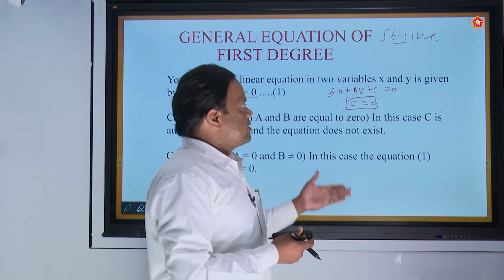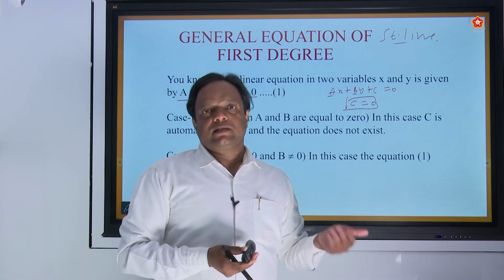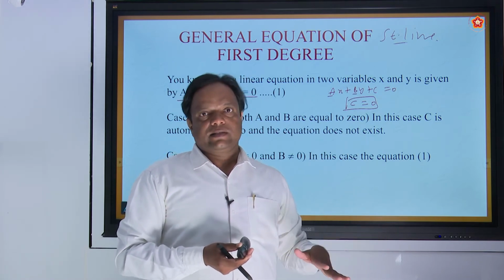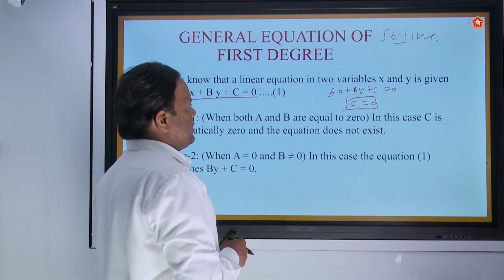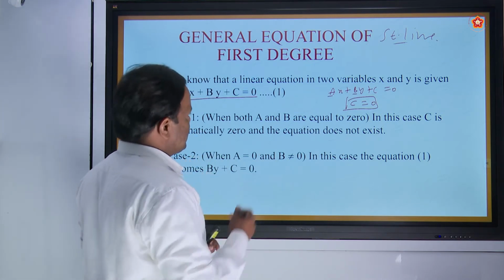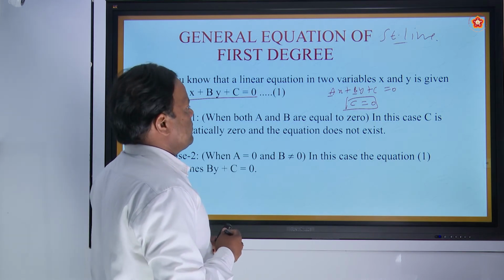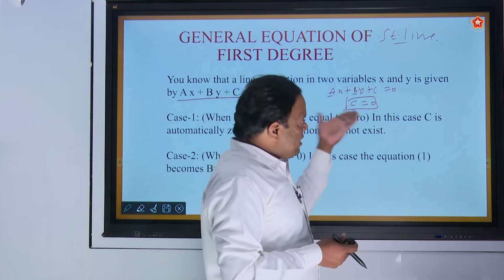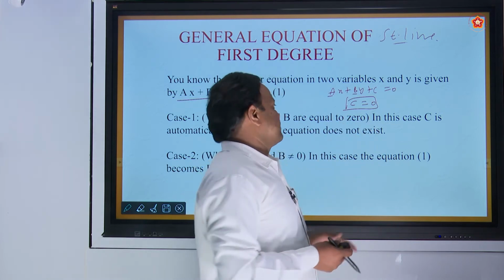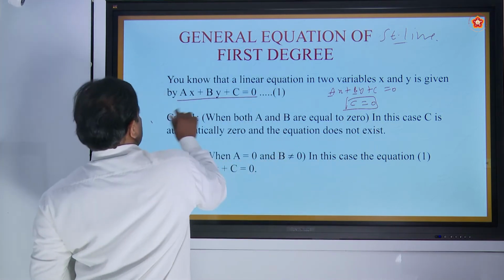If directly c equal to 0, there is no equation of a line. So when both a and b are equal to 0, c is automatically 0, and the equation does not exist. Some constant value is equal to 0. Okay, the first case is over now.